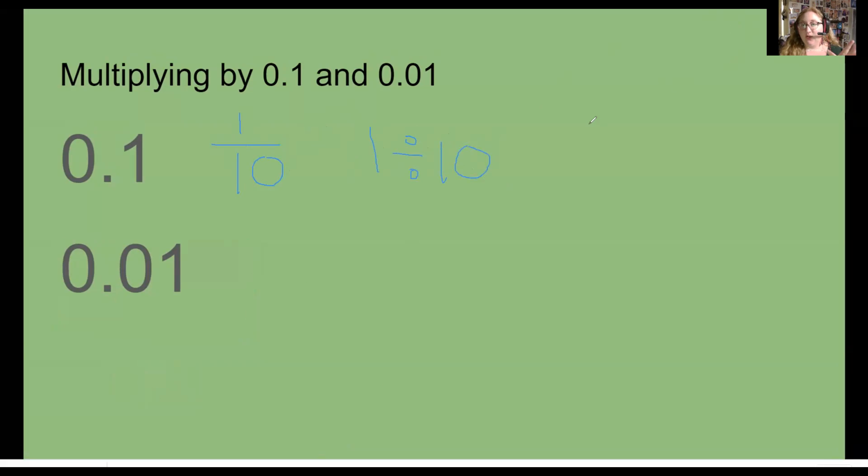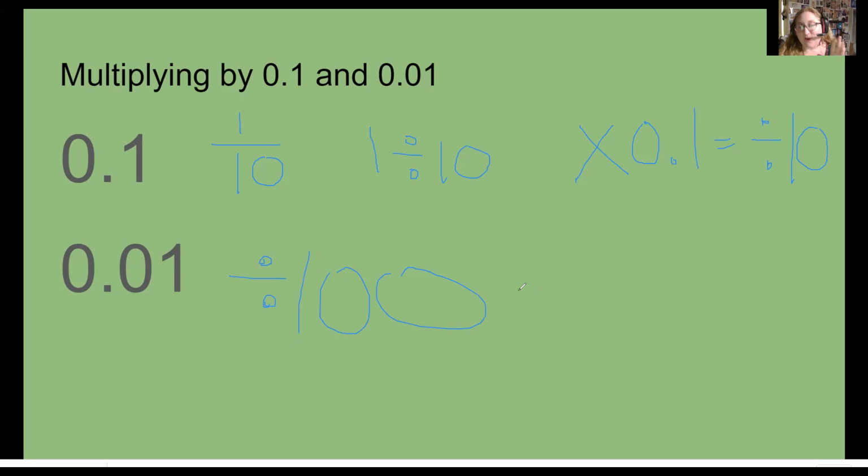So actually, when you multiply by 1/10, it's the same thing as dividing by 10. That's right. Multiplying by 1/10 is the same as dividing by 10. And guess what? 1/100th is the same as dividing by 100.